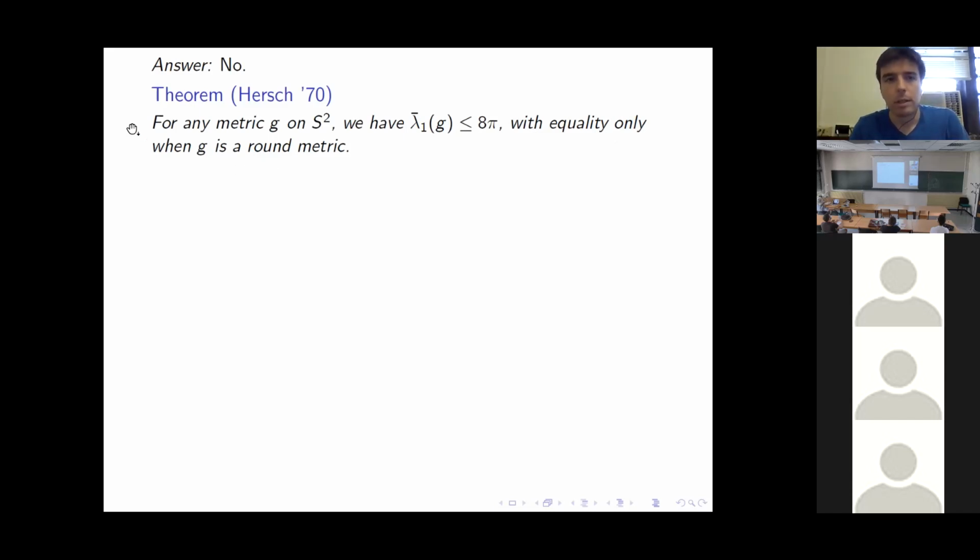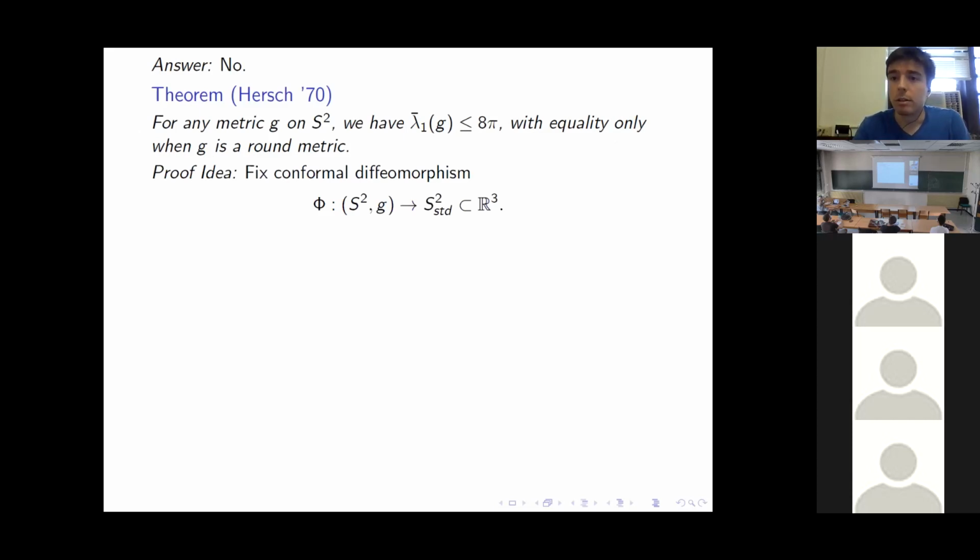The proof is by now pretty classical, but let's recall it because it will motivate a lot of what we're doing subsequently. First, by uniformization and the fact that S2 carries just one conformal structure, we know that we can always find some conformal diffeomorphism from the given metric to the standard one. But Hersch's main observation is that we have some freedom in how we choose that diffeomorphism.